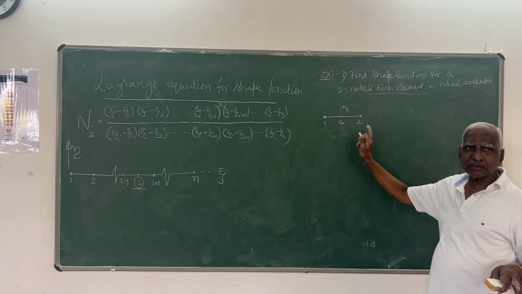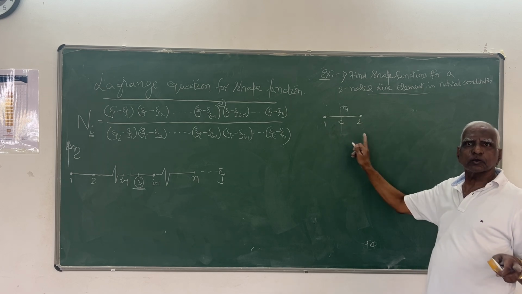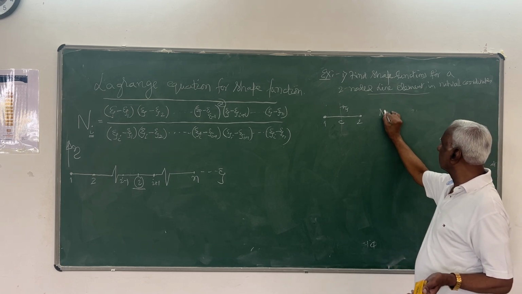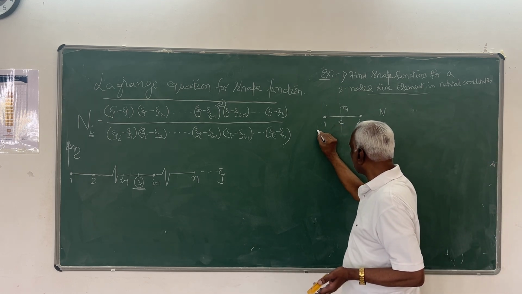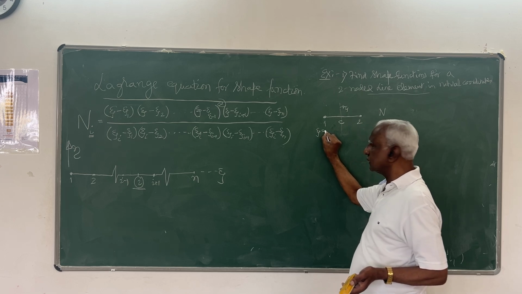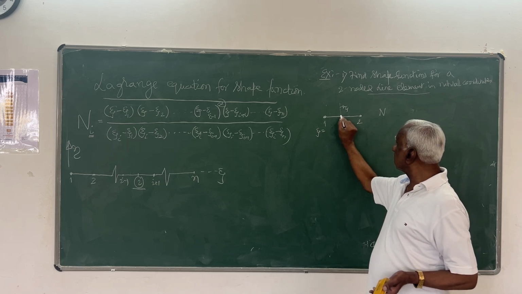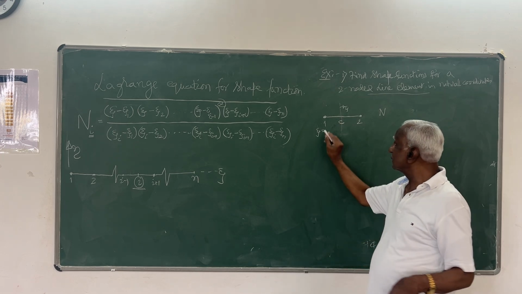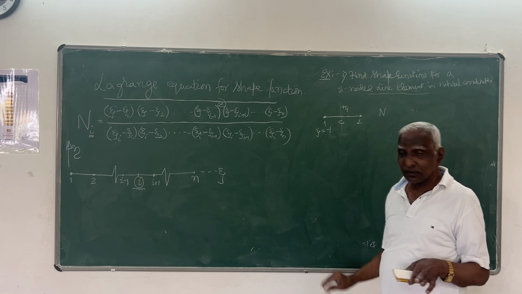Consider this element. So how many shape functions will be there? There are two nodes, so two shape functions. So you write here, natural coordinate. What is psi here in the natural coordinate? Because this is the origin, length has to be 2. This will be minus 1.